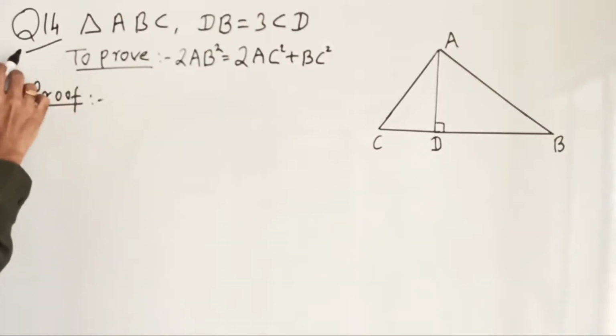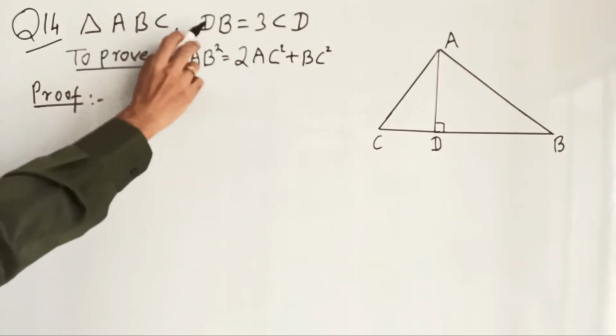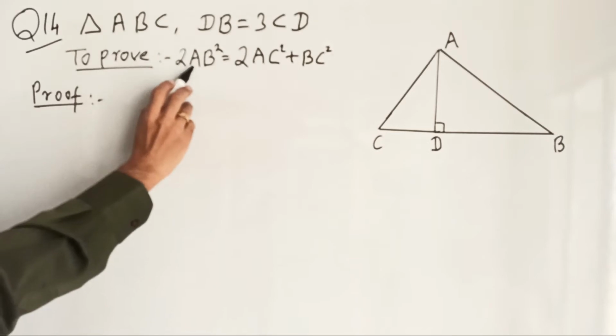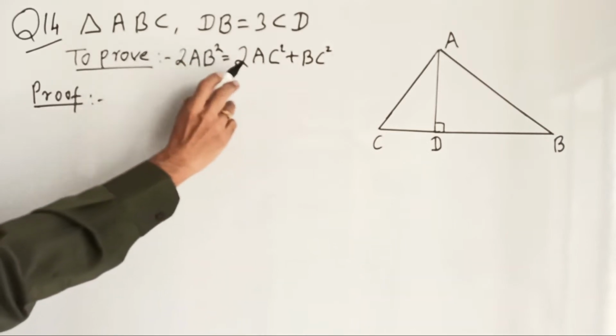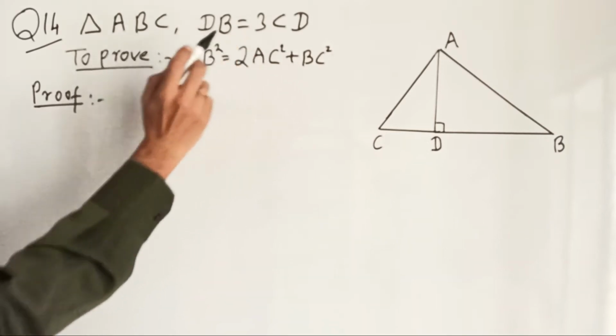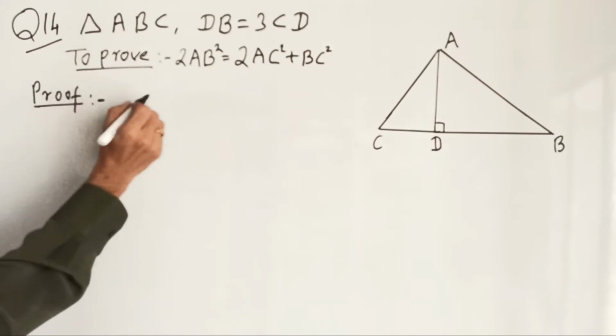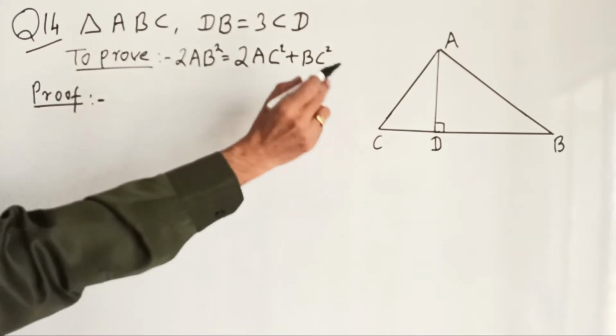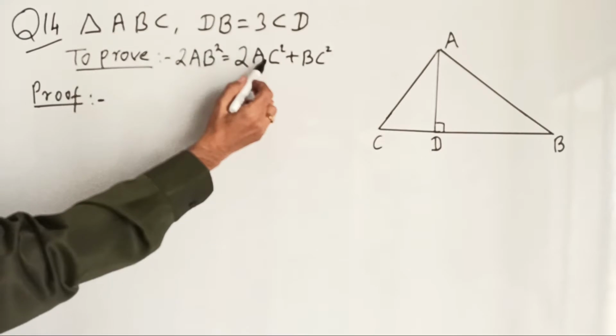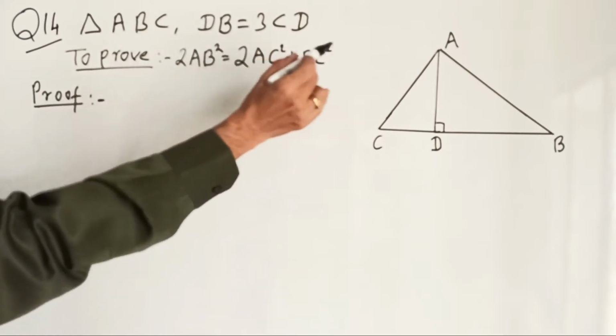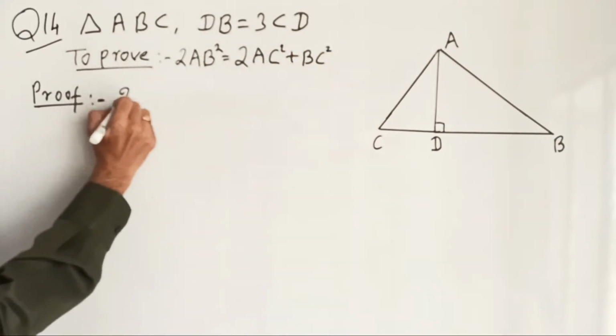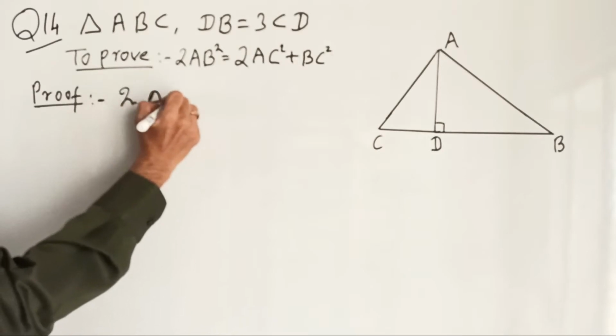So listen student, question number 14. DB is given as 3CD in triangle ABC and we have to prove that 2AB square is equal to 2AC square plus BC square. So again I want to remind you regarding the strategy. The strategy is that we need AB square, AC square, BC square. So AB square we can find in triangle ADB.